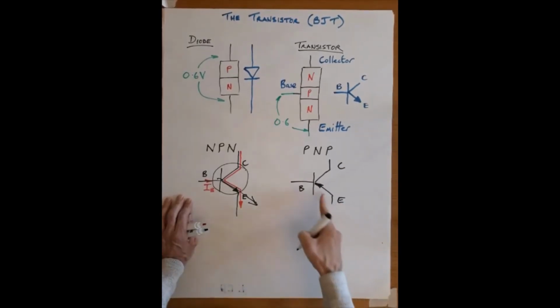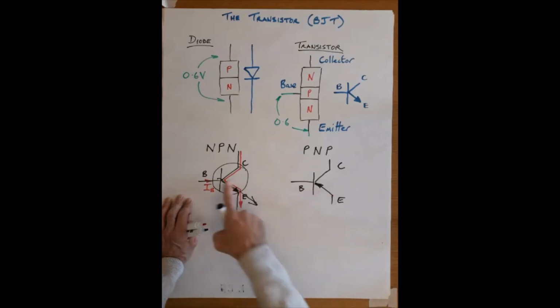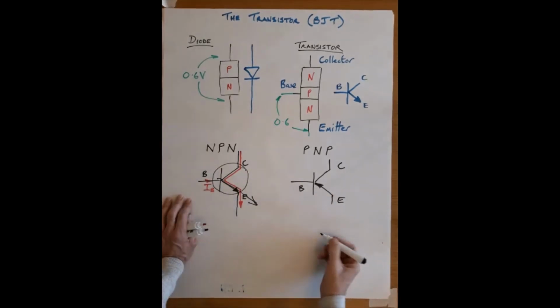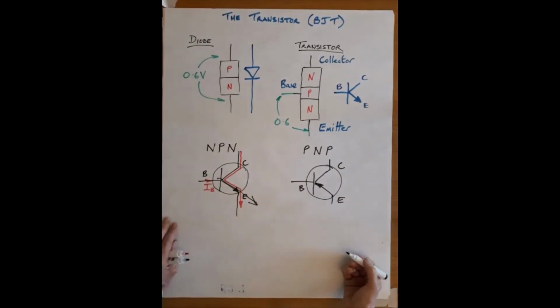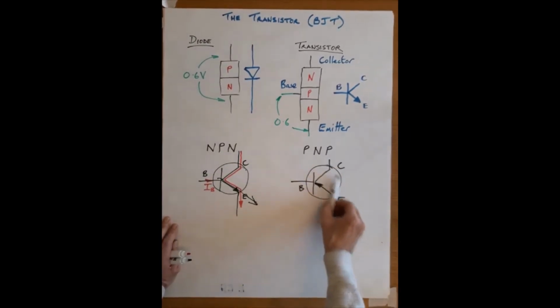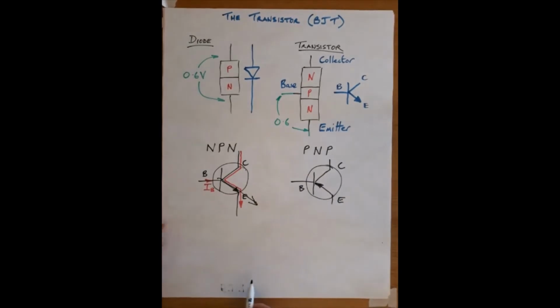So I tend to draw my transistors just like this, but often they are drawn with a circle around them. Personal preference, I don't like the circle because it just causes a little bit more clutter on the diagram, making it sometimes a little bit more confusing for you to see what's going on.